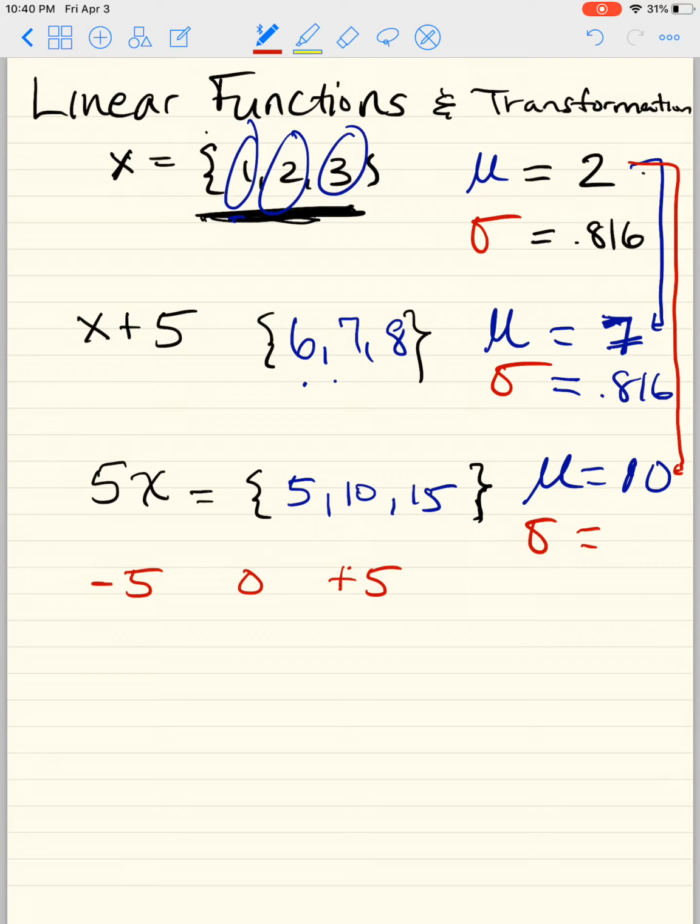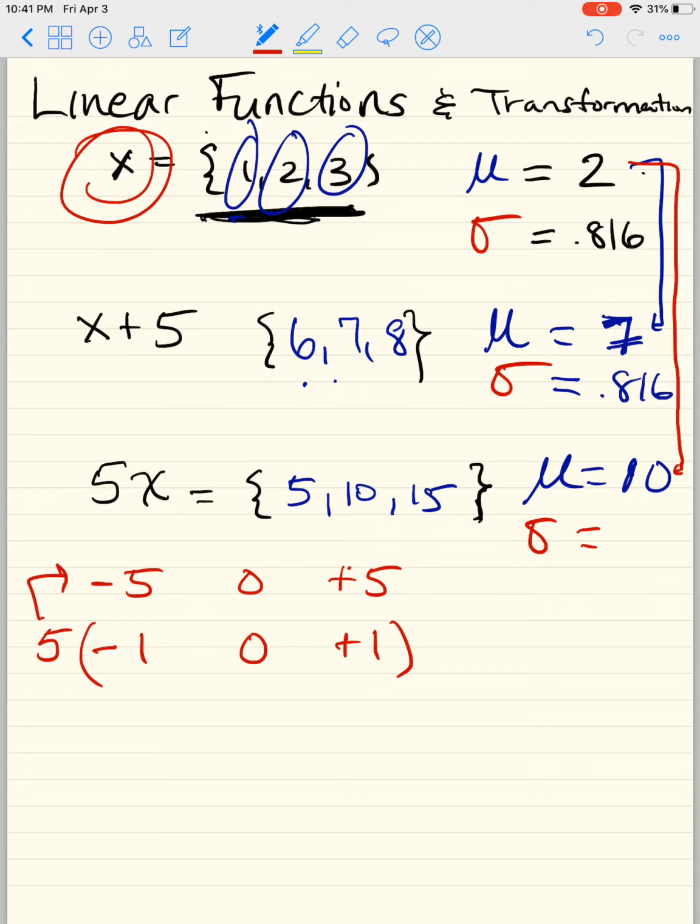In our original problem, it was -1, 0, and +1. If I factor out a 5, then I would get these numbers. What I'm trying to say is that the standard deviation is the original standard deviation times 5.